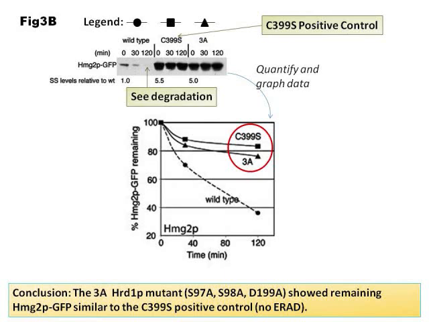This is because it has previously been shown by Bays and colleagues in 2001 that the C399S HRD1P mutant lacks the ability to ubiquitinylate all ERAD substrates, and thus they are not targeted to the proteasome for degradation. Shown in red on the graph, you can see that the 3A mutant closely resembles the slope of the positive control and not that of the wild type.